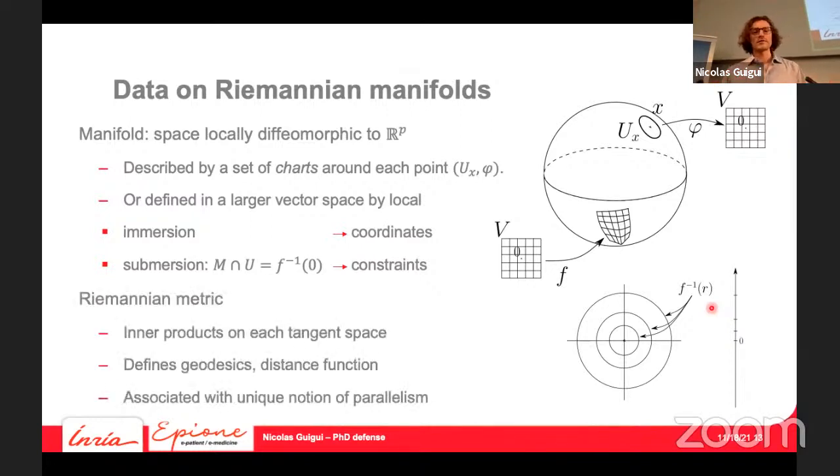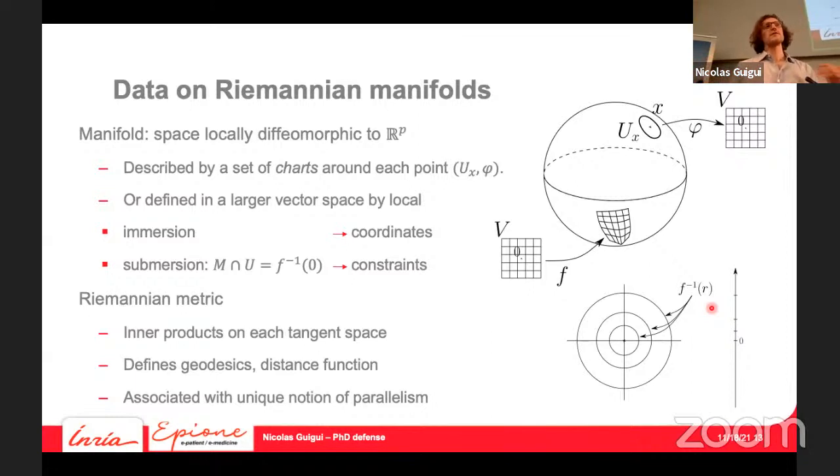Another tool that we need to perform geometric statistics is the Riemannian metric, which is user-defined and is an additional structure. It is a smooth assignment of inner products on each tangent space, so it allows us to compare tangent vectors within one tangent space of the manifold. More globally on the manifold, it defines a certain class of curves called geodesics that minimize the length between 2 points, or alternatively, the energy between the 2 points, and it defines a distance function that measures the length of those geodesics.